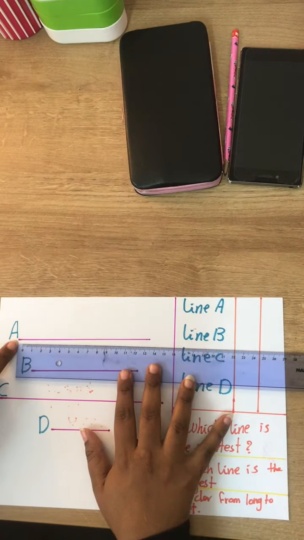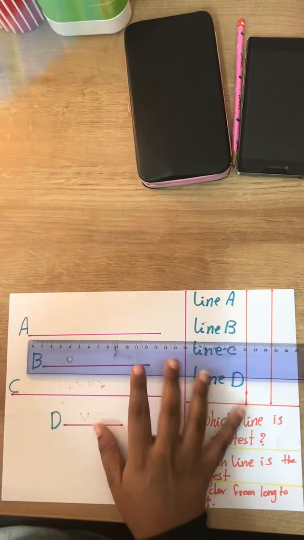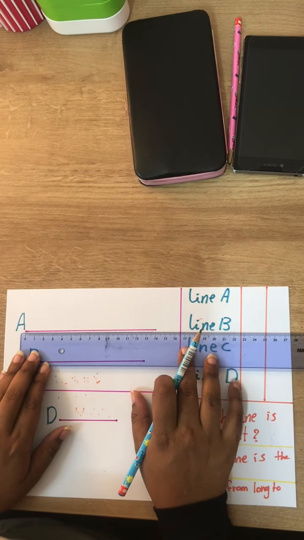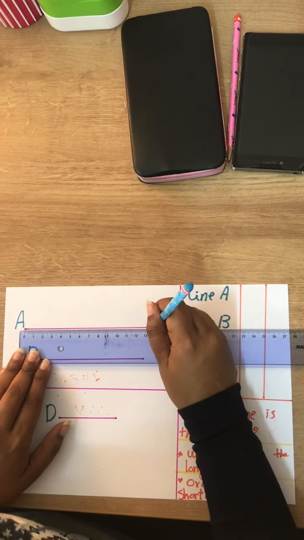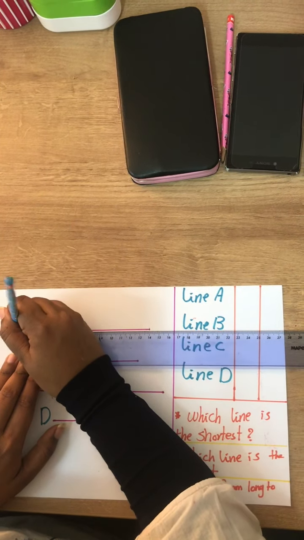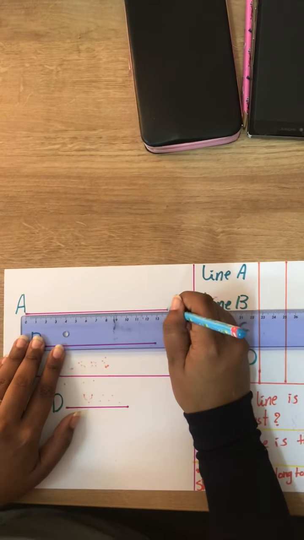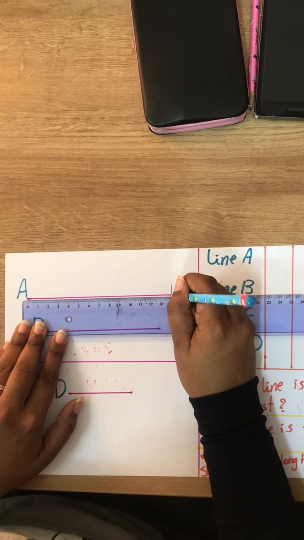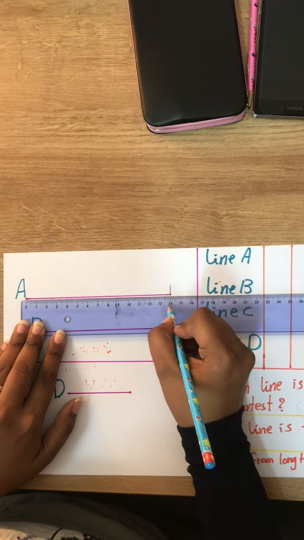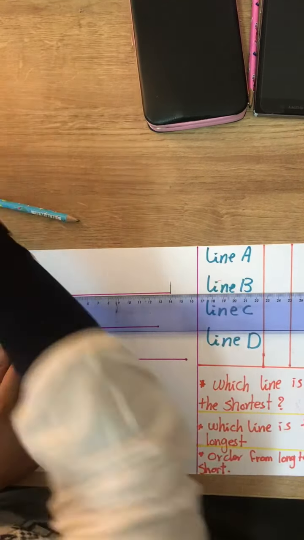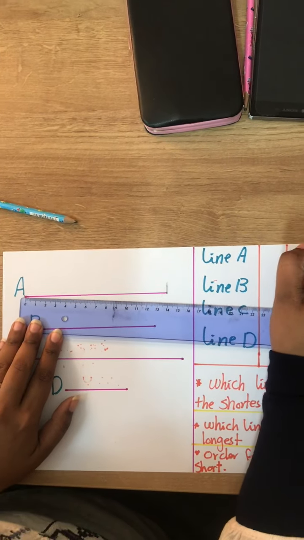Then I will count on from the 0 till the end of the line. The last point of the line, I read it 14. That means line A is 14.